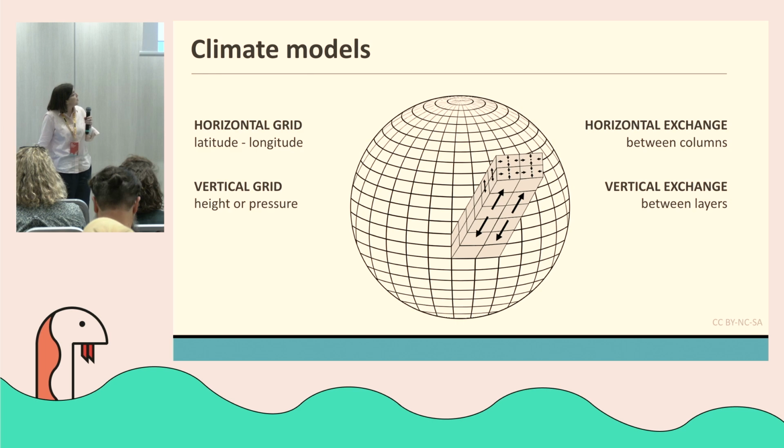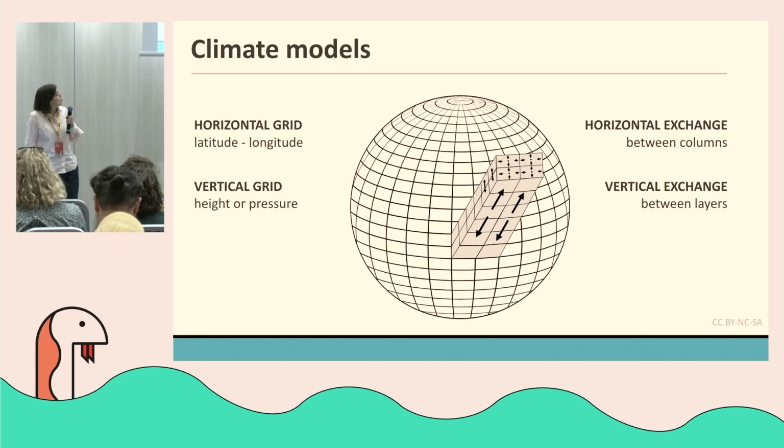These lines are named meridians and are measured with a constant value for each line, which is the longitude. Similarly, we have horizontal lines from east to west that are the parallels, and the measure related to them is the latitude. Both longitude and latitude are measured in degrees.